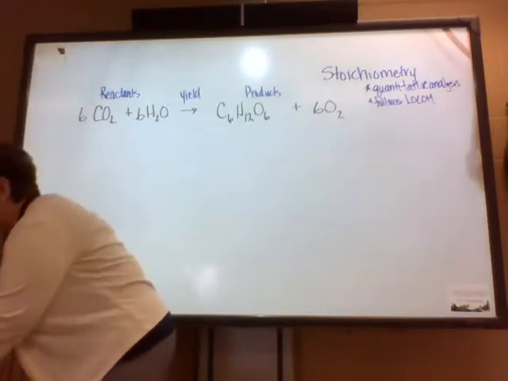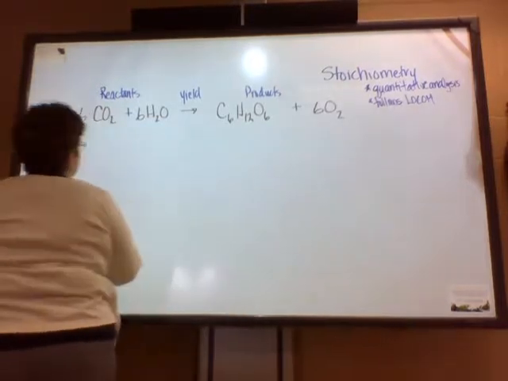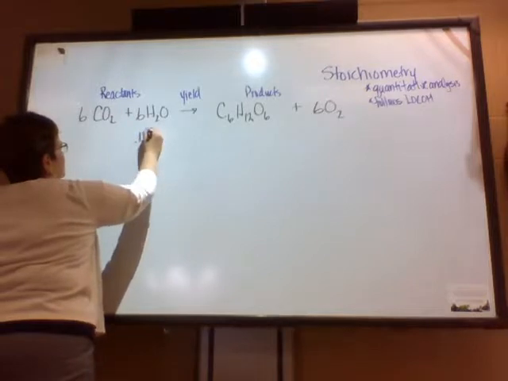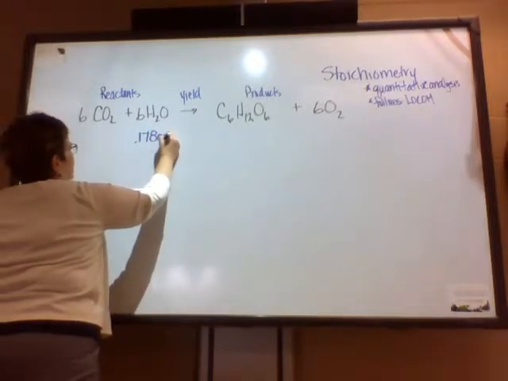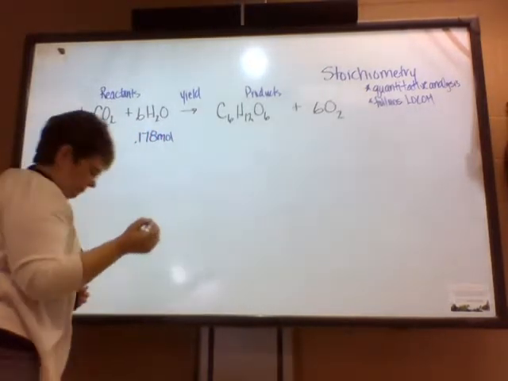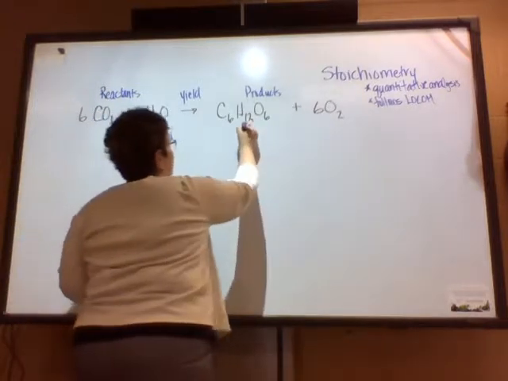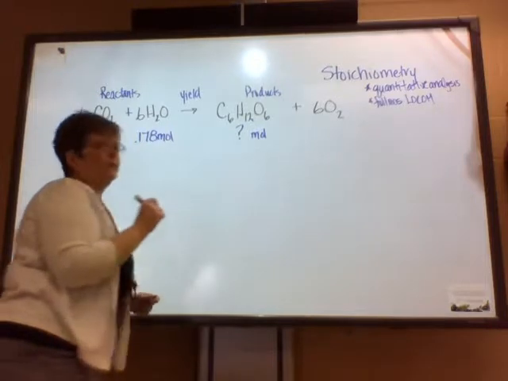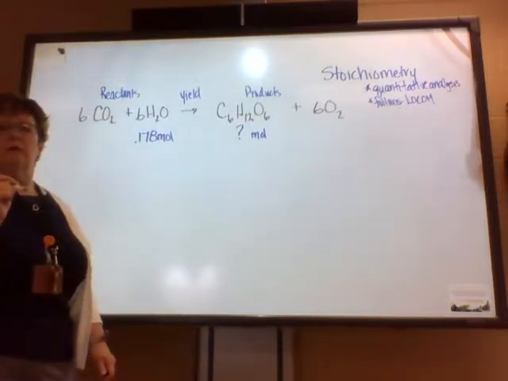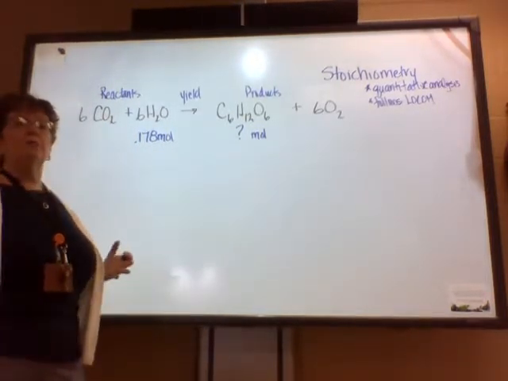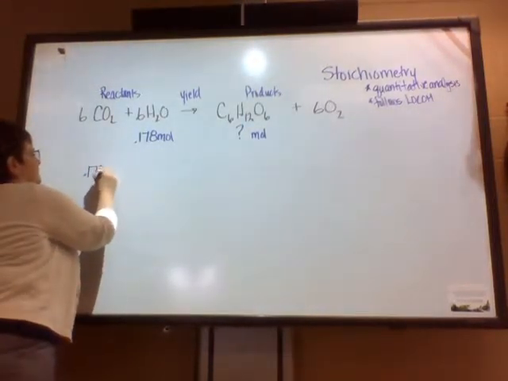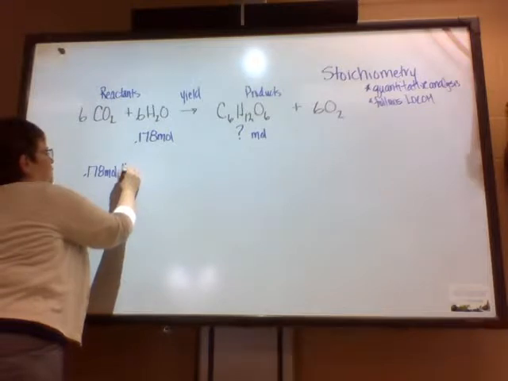All right. Let's suppose you have 0.178 moles of water, and you want to figure out how many moles of glucose you're going to get. You always start with what you know you have. I have 0.178 moles of water.